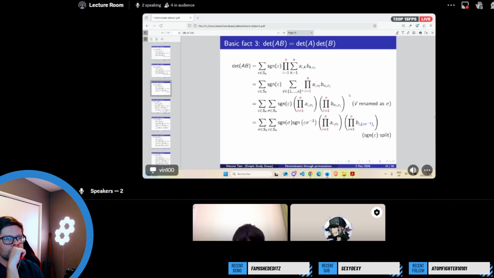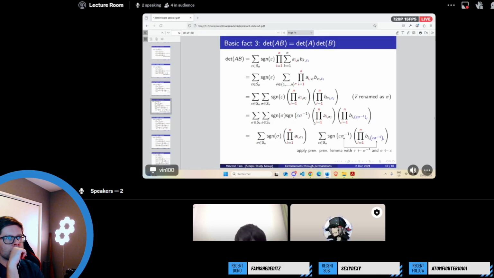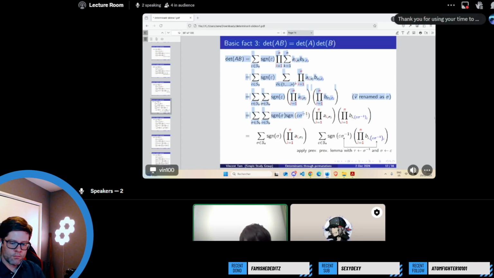And then we split this sigma into two different permutations. And finally, we apply the fact that this guy also runs through all Sn.